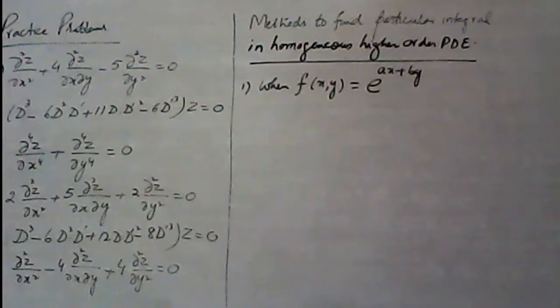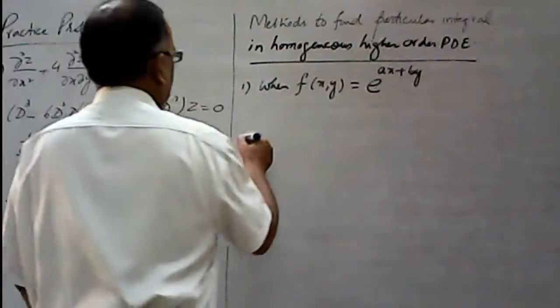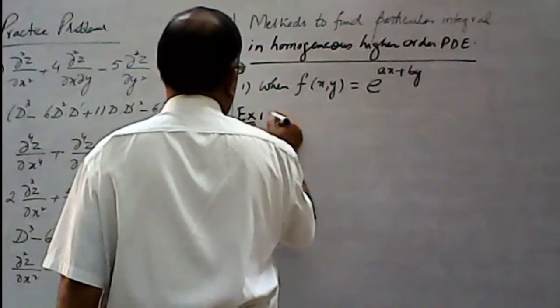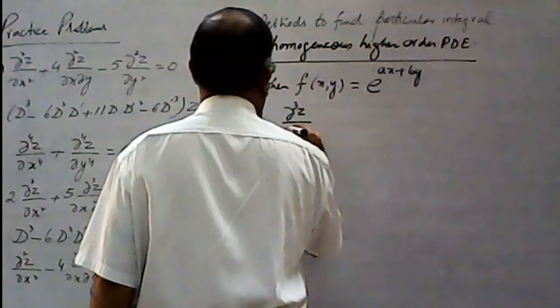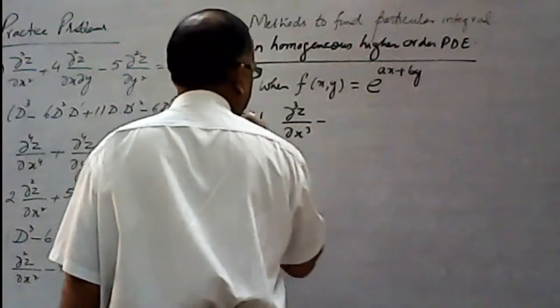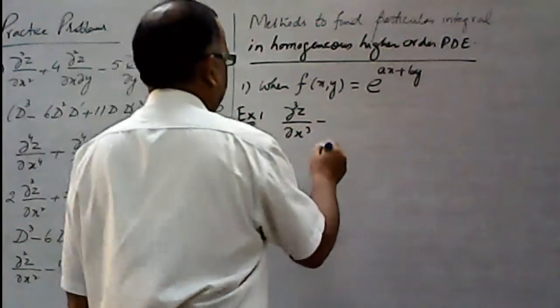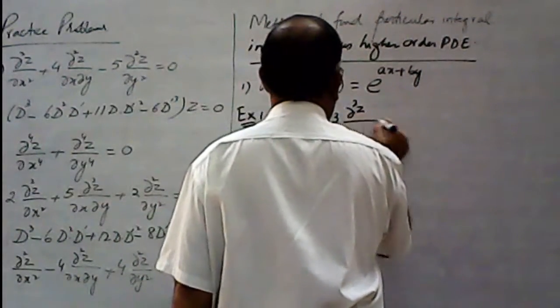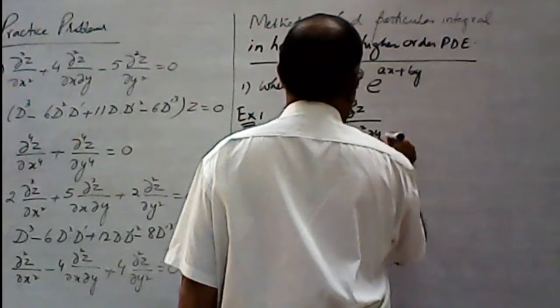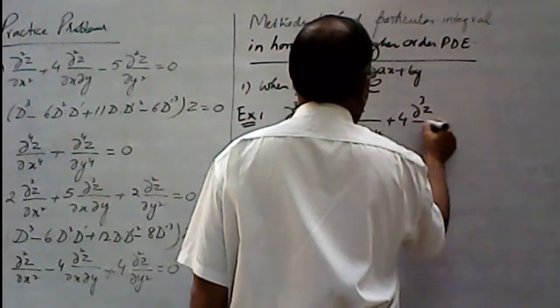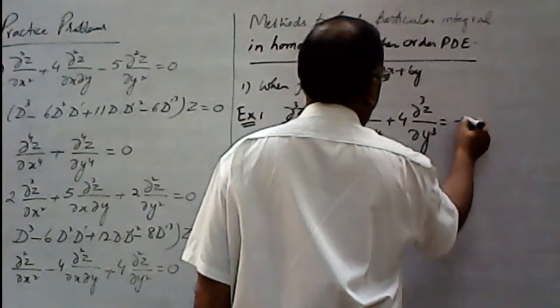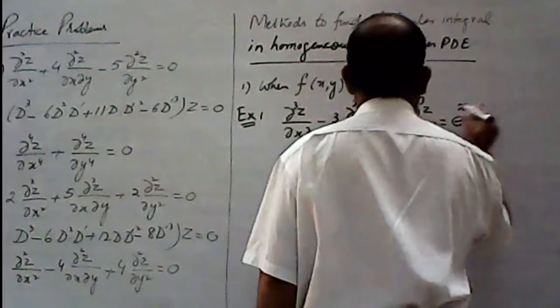Let me now give you the way to solve that one. Let's say we have an example: partial 3z over partial x cube minus 3 partial 3z over partial x square partial y plus 4 partial 3z over partial y cube equal to e power x minus y.